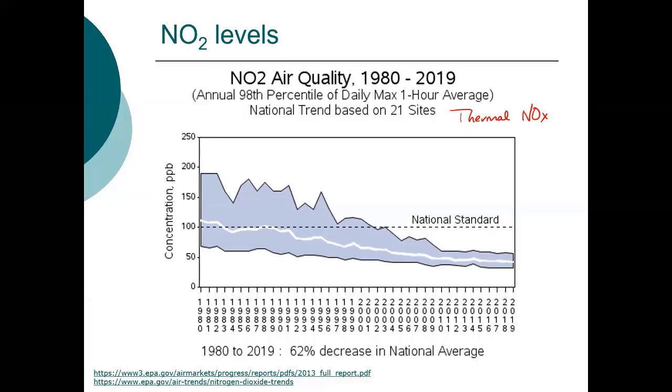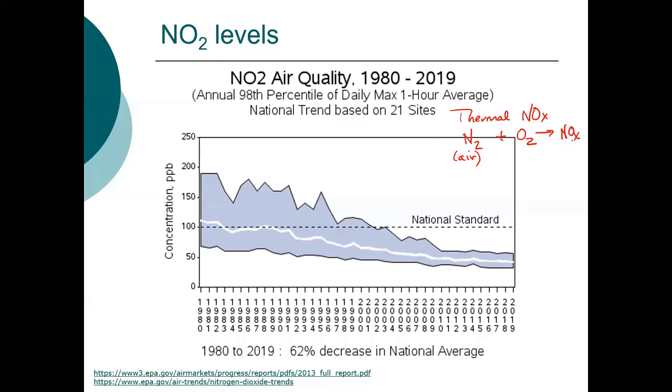Thermal NOx results from the reaction of N2 in the air with oxygen. So this nitrogen is from the air, and we supply oxygen. That results in the formation of NOx. This reaction occurs at high temperature.